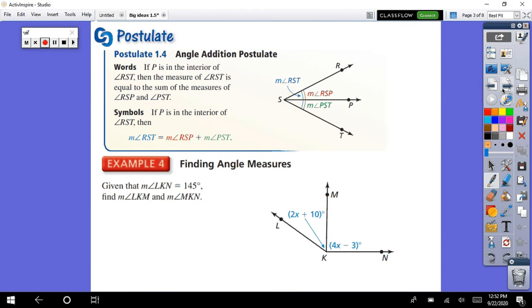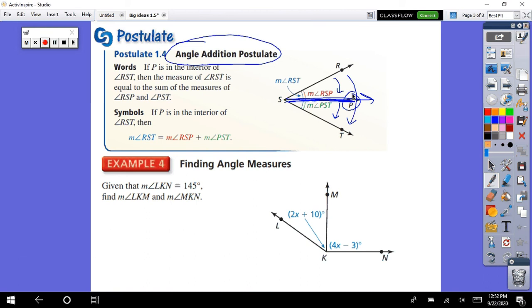Okay, in section 1.2, we had the segment addition postulate. In this section, you actually have the angle addition postulate, which just says you can add up two little angles to equal a larger angle when the angles share a ray, like what is pictured here. And the official definition is, if P is in the interior of angle RST, then you can apply the angle addition postulate.